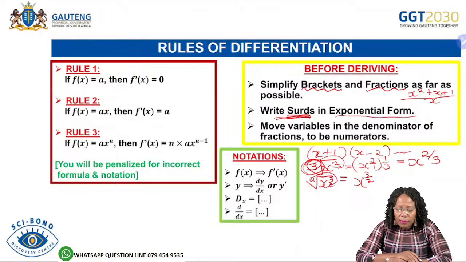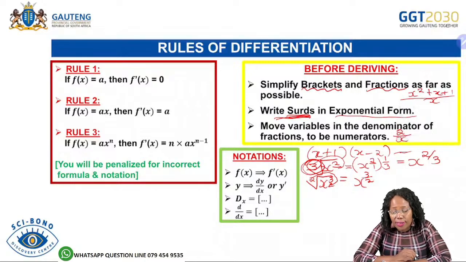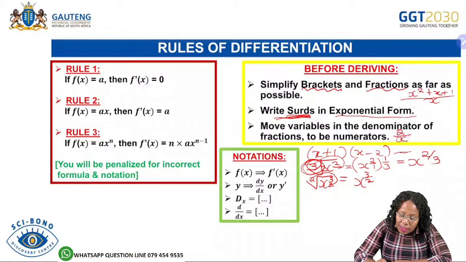Right. The third one, you move variables in the denominator of fractions to be numerators. That means if now I'm having an expression that is 2 over x, I can't differentiate. I must move this. Even if I know that the exponent is 1 there, I must take this x to be on top there. How do you do that?